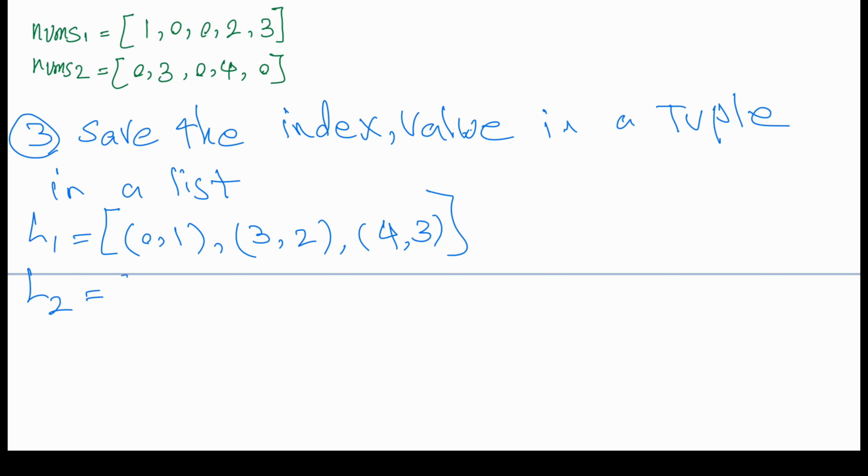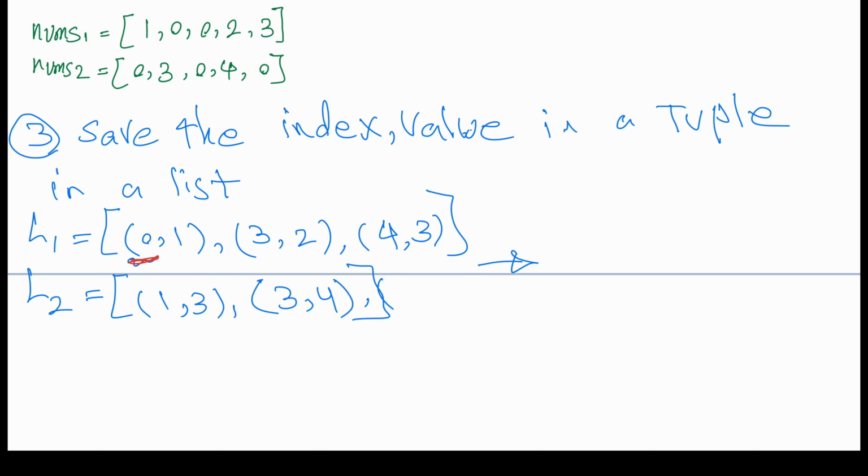And for L2 we can say that 1, 3, and 3, 4, and that's it. And then same as hash map, we are going through L1 and say we read the index 0. Do we have that in L2? No, so we don't do anything.